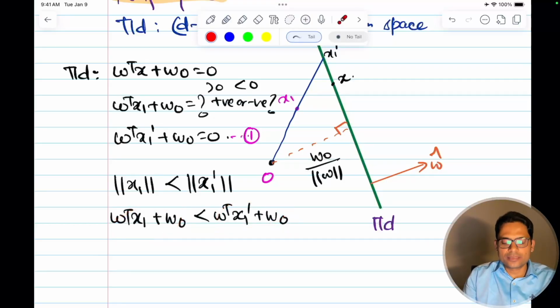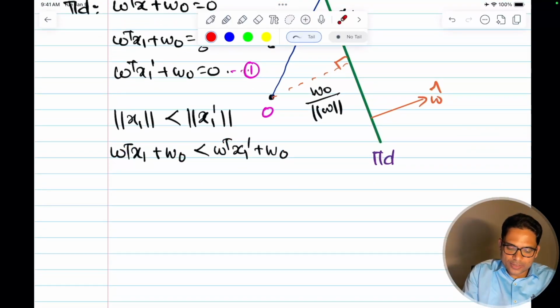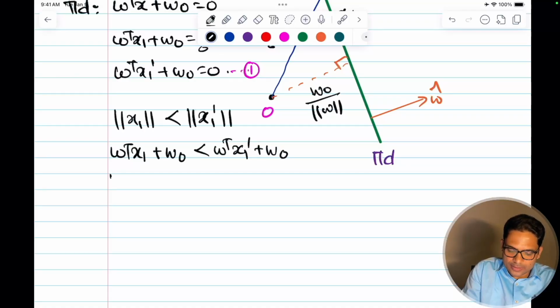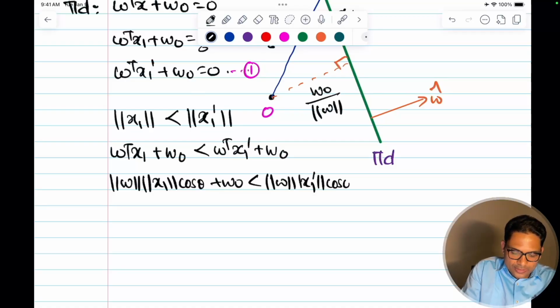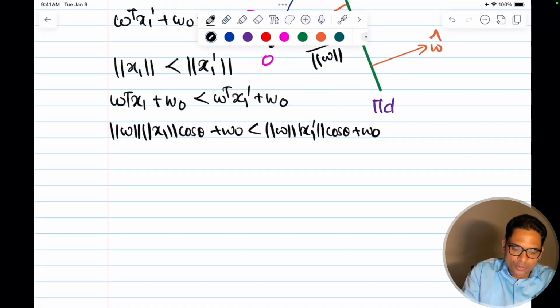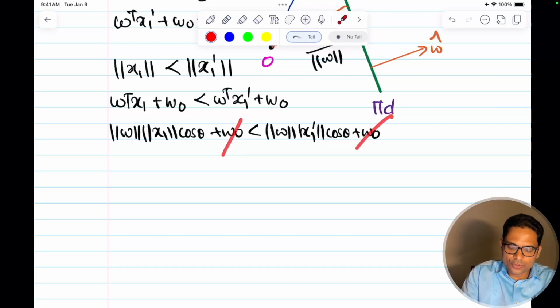Everything is magnitude right here, because this is like W x1 cos theta plus W naught is less than W x1 dash cos theta plus W naught. W naught is anyway going to cancel out.